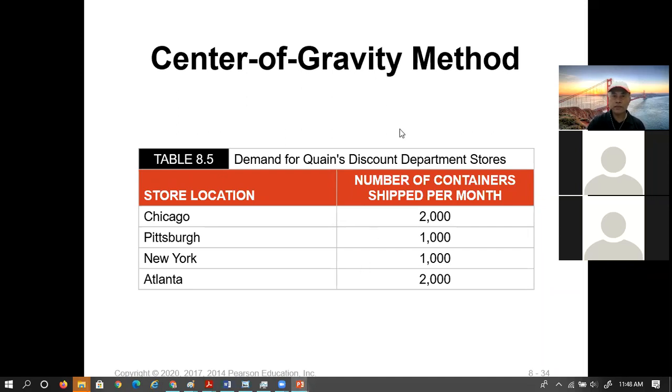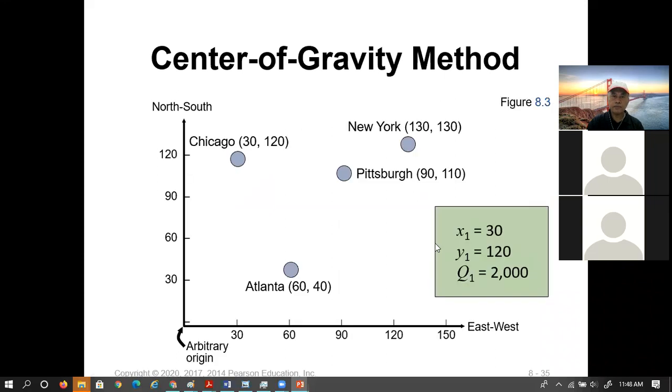And then this is the coordinate of the location of Chicago: 30 as east-west and 120 as north-south. Here we can see the locations of the other cities: New York, Pittsburgh, Atlanta.